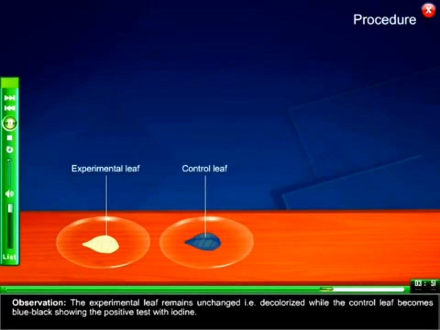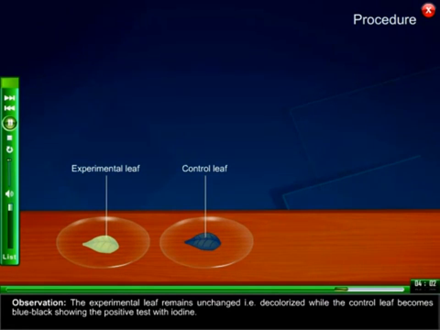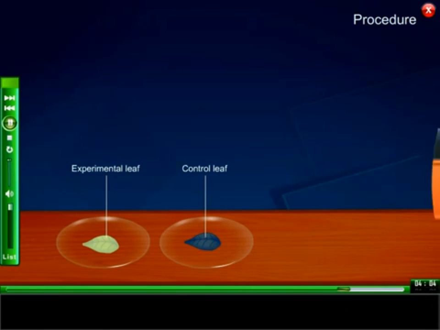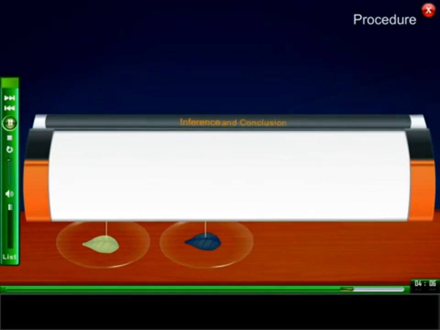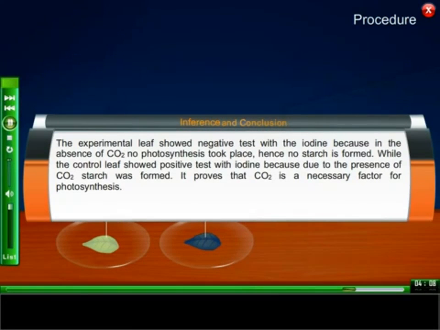Observation: the experimental leaf remains unchanged, that is, decolorized, while the control leaf becomes blue-black, showing the positive test with iodine. Inference and conclusion: the experimental leaf showed a negative test with iodine because in the absence of carbon dioxide, no photosynthesis took place.